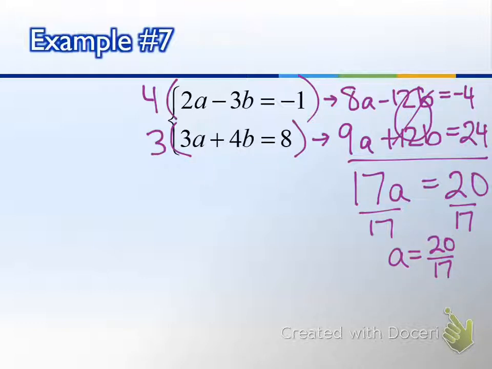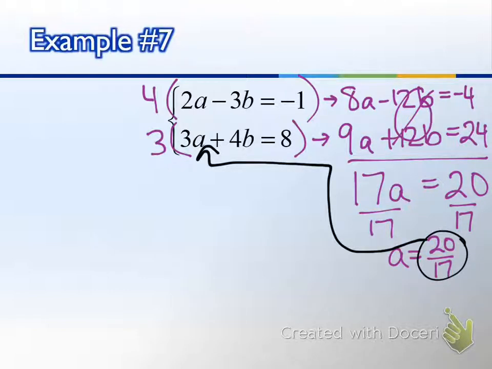Now we get to pick which equation we are plugging it into. The bottom. Okay, we can plug it into the bottom. We are going to plug this into a in the bottom equation. That's what we decided to go with.